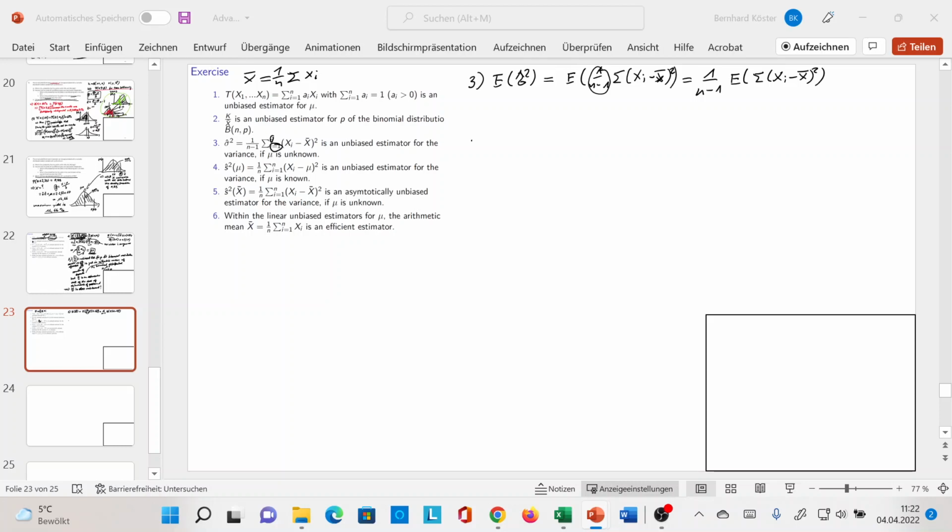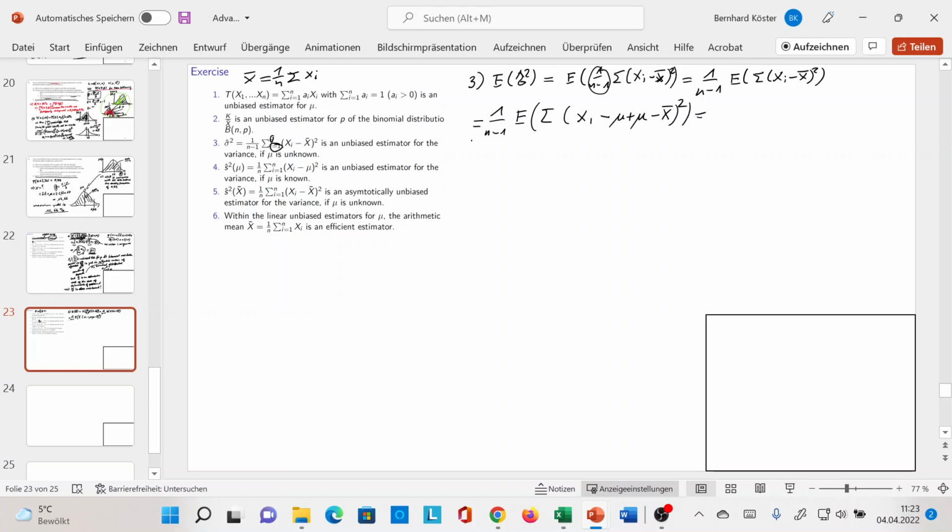And this we are doing just here, that we add within this 1 over n minus 1 expectation operator sum over xi minus mu plus mu minus x bar squared.